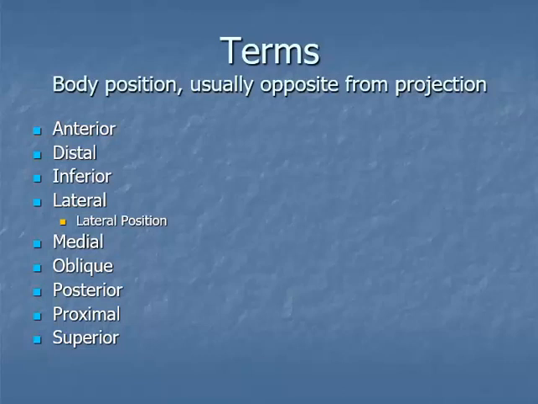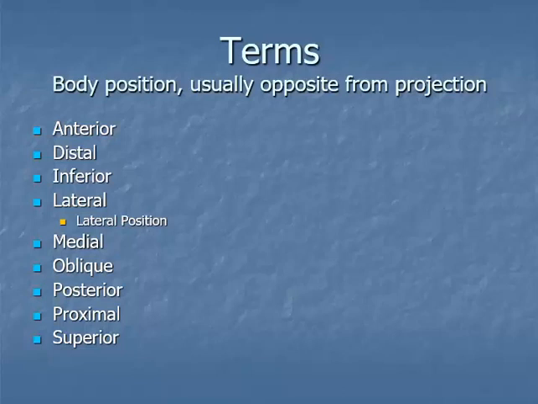Lateral versus medial. Keep in mind that lateral is a position, is a projection, it's a body surface. Lateral side is your outer portion. Lateral position would be where you have the patient in a position with one side closer to the image receptor, and then lateral projection, remembering that the position, body position, projection in a lot of cases are opposite from each other.